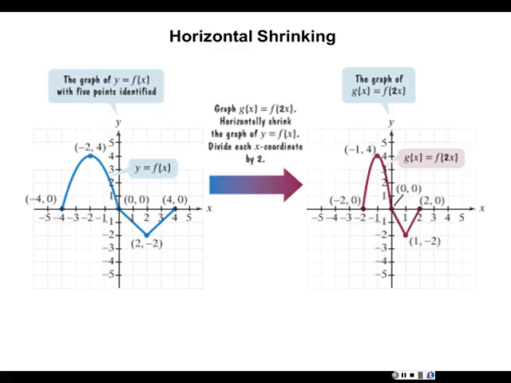Look at this point. This was at 4. Now this point here is at 2. Why is that? Because you are shrinking by 2. Since you are shrinking by 2, what does it mean? It means that you are making it half.